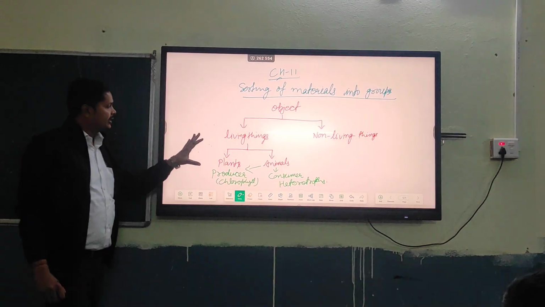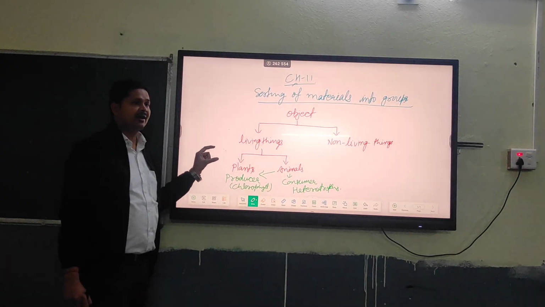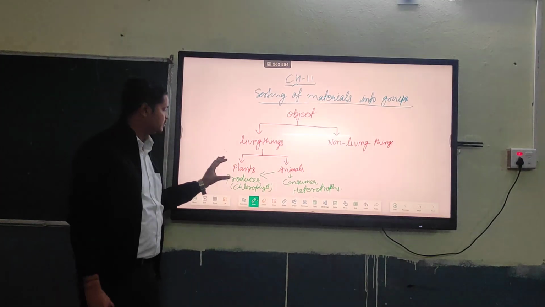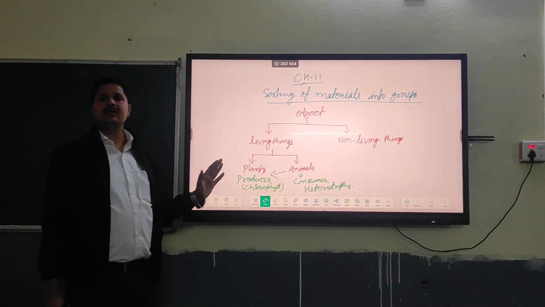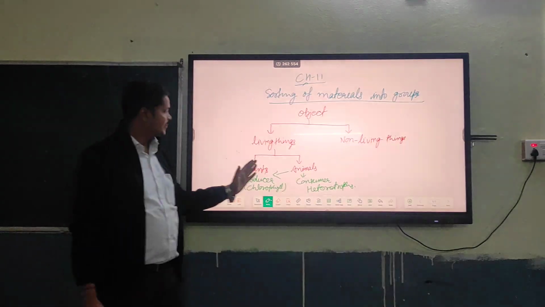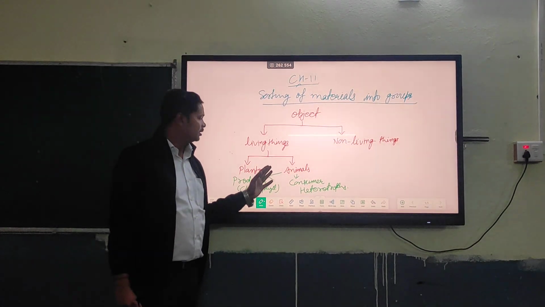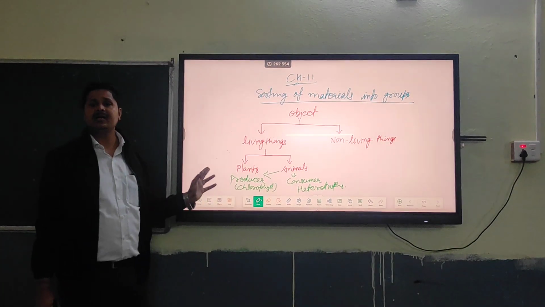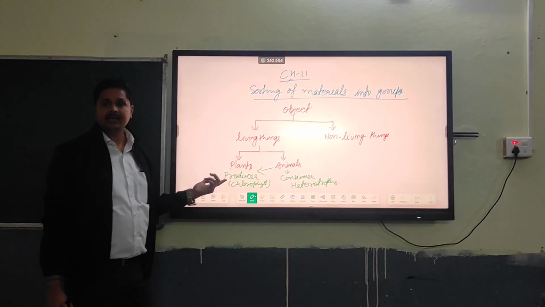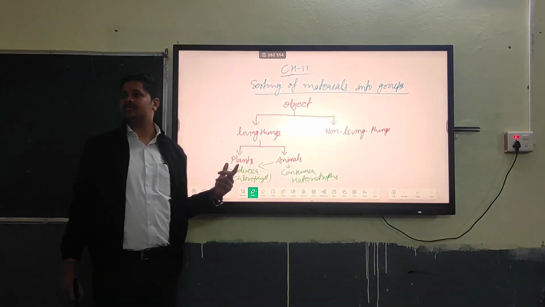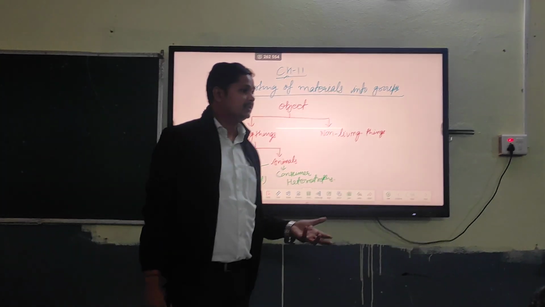So living things can be divided into two parts: plants and animals. Plants are producers because they prepare their own food. Animals are known as consumers because they totally depend on plants for their food. They also get oxygen from plants. How is oxygen released into the surrounding environment? How do we get oxygen from the plant?